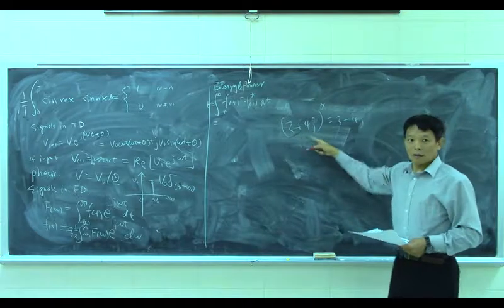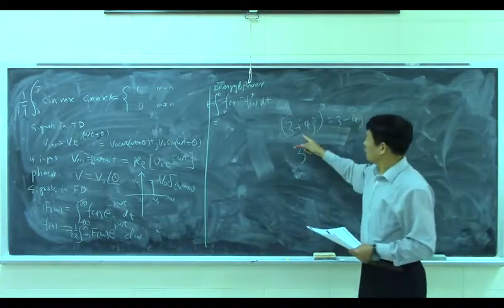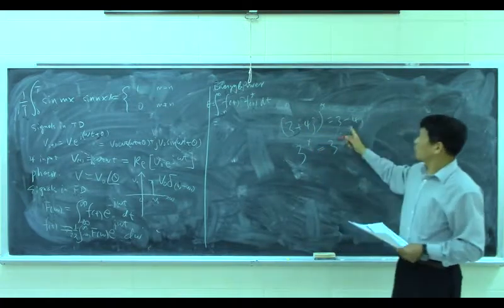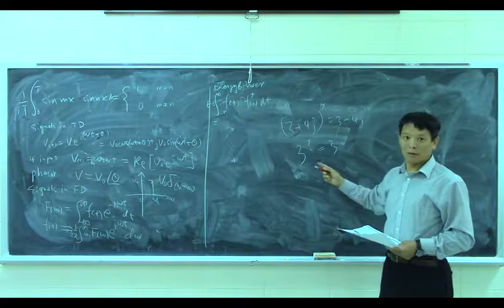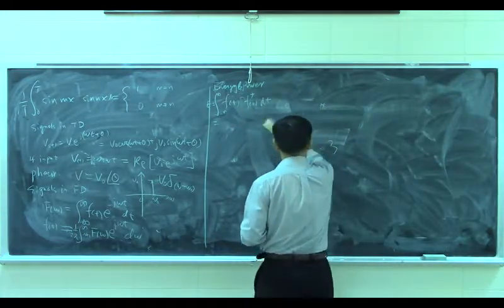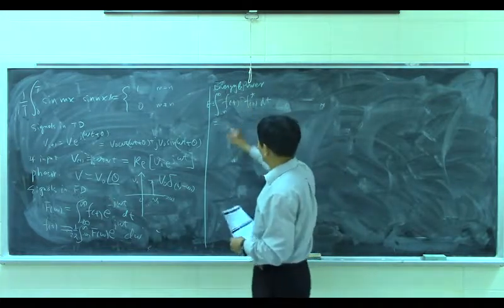If the signal is real, only 3, with the imaginary part 0, then the complex conjugate still equals 3. So if f(t) is real, then f(t) and its complex conjugate will be the same.